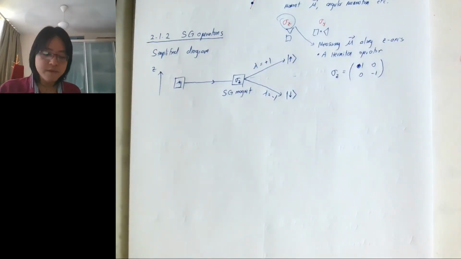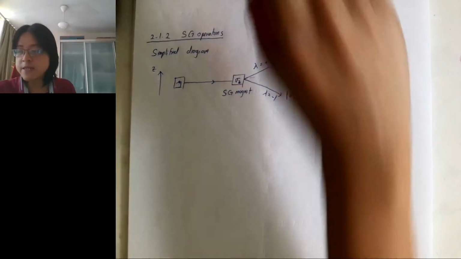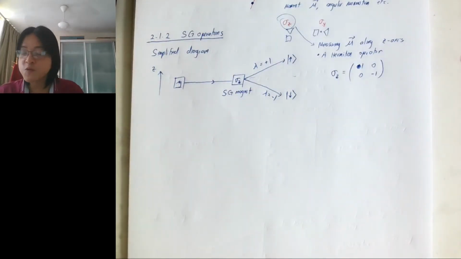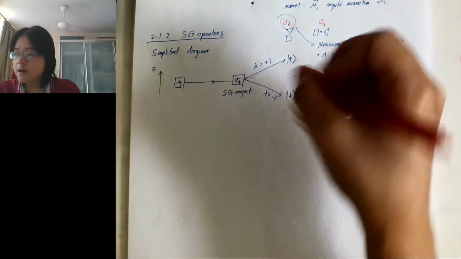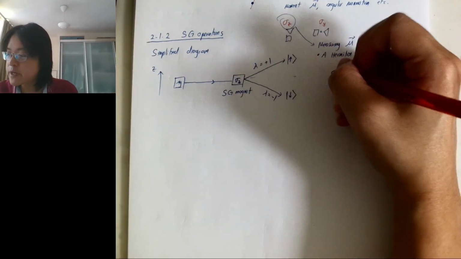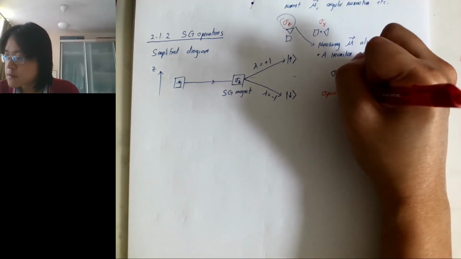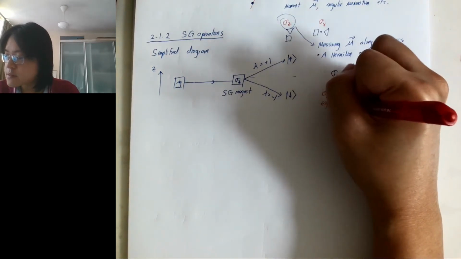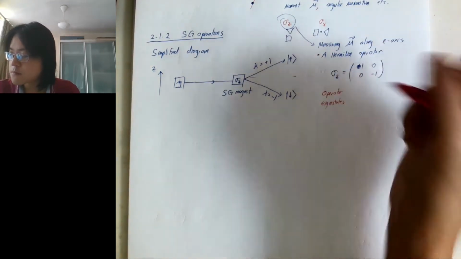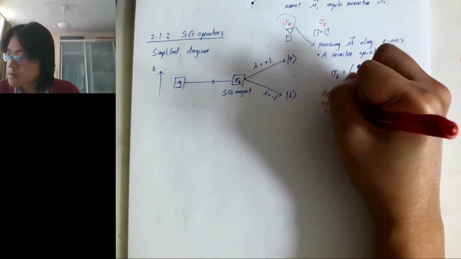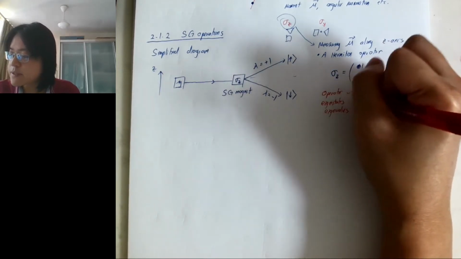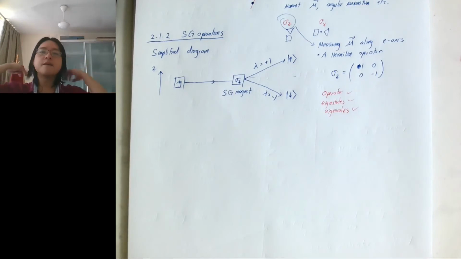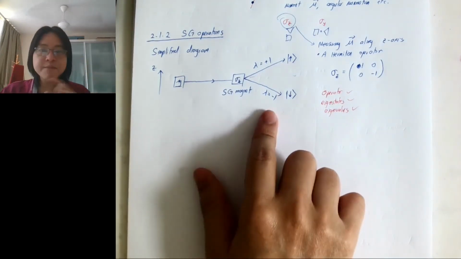So we have all the things that we discussed in postulates 1 to 3, at least 1 to 3 for the moment. We got the operator, we got the eigenstates, and then we got the eigenvalues. So everything that we discussed in the last few classes comes into play like this.